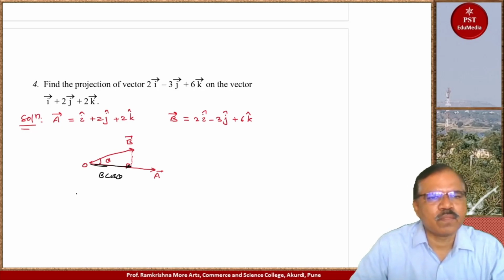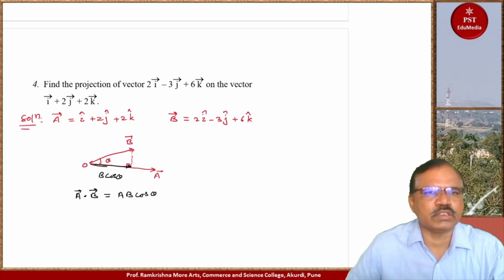So we know A dot B is equal to A B cos theta. This is a vector identity. We know this.